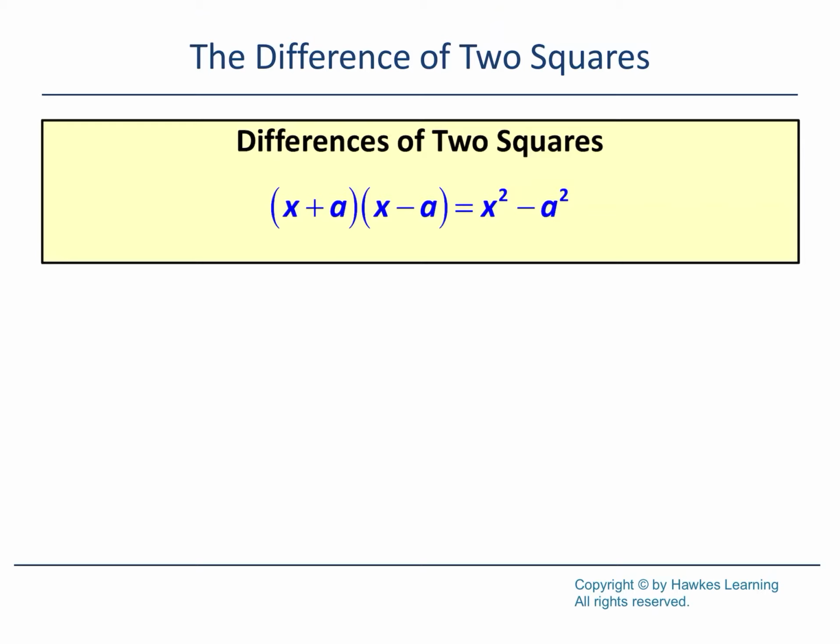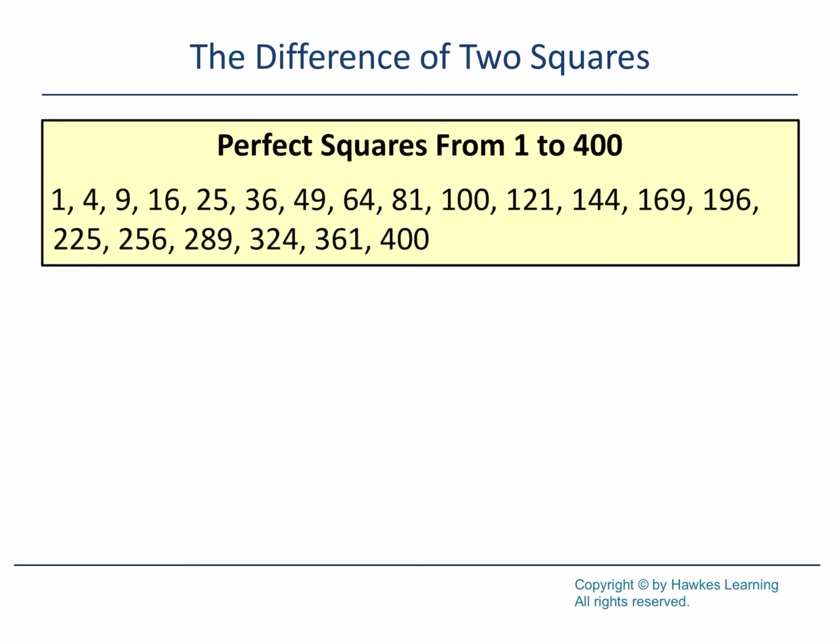All right, so the difference of 2 squares. So x squared and a squared, they both turn out to be perfect squares. And here's a list of all the perfect squares. These are the first 20, not all of them, just the first 20 perfect squares, right?